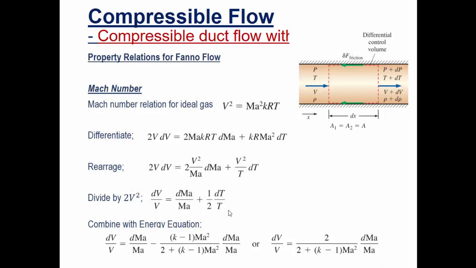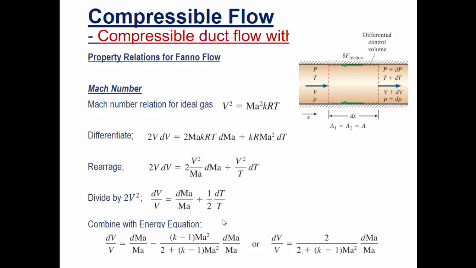We will get this form of differential equation where dV over V equal to dMa over Ma plus 1/2 of dT over T. And when we combine with the energy equation that we have discussed previously, we will get this expression or this expression.